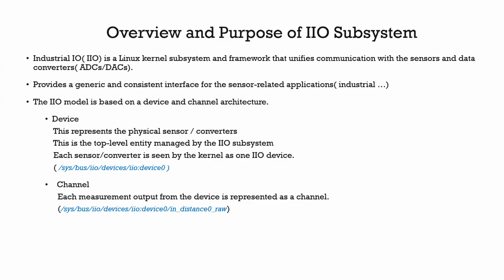These names are chosen by the Linux kernel, so we don't have any control over giving this name. And this is one of the cons of the IIO driver. Whenever you are developing a character driver, you can choose whatever name you want to give, but that option is not there with the IIO driver.